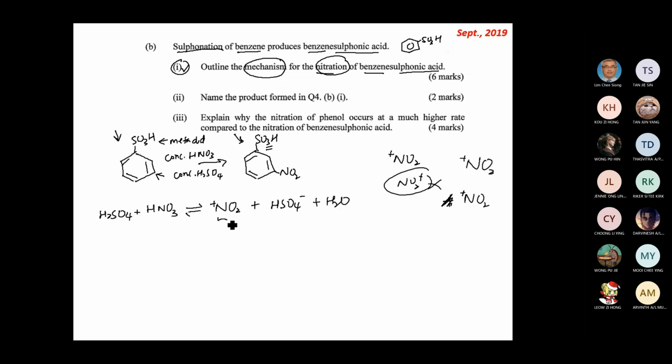Here we call electrophilic. Benzene ring, SO3H. Meta positions going to be donated to positive NO2.